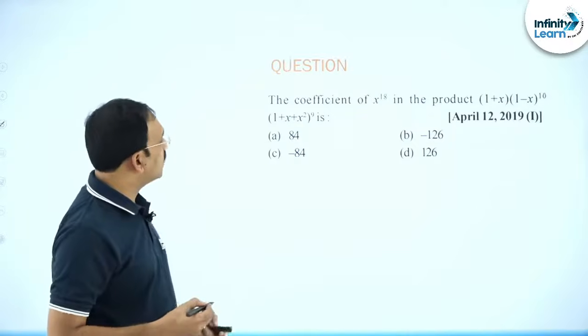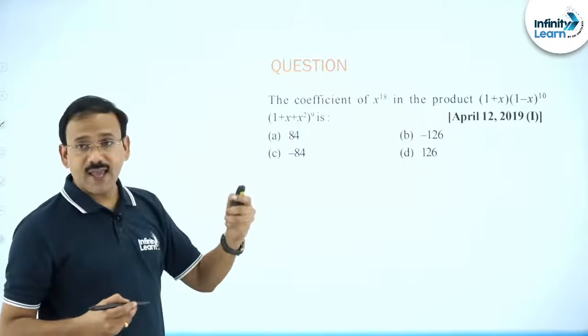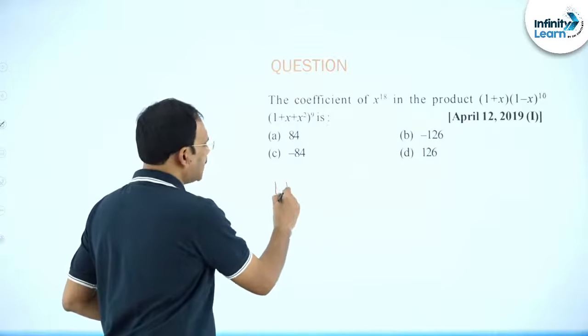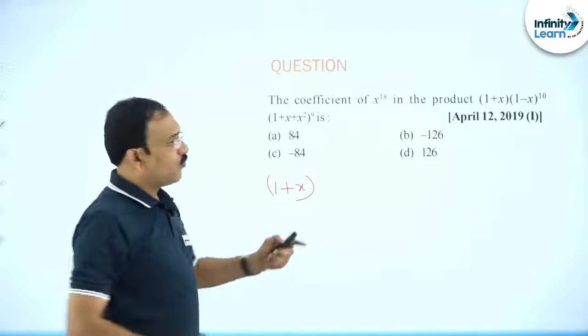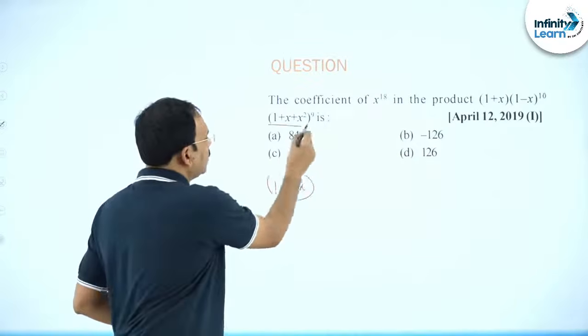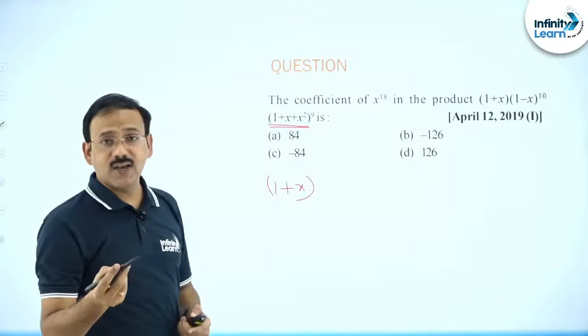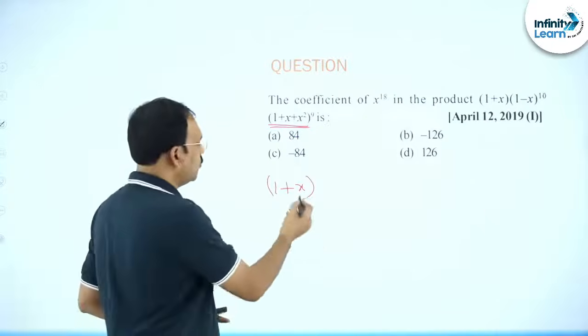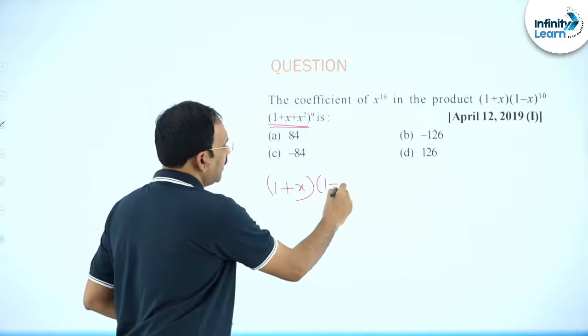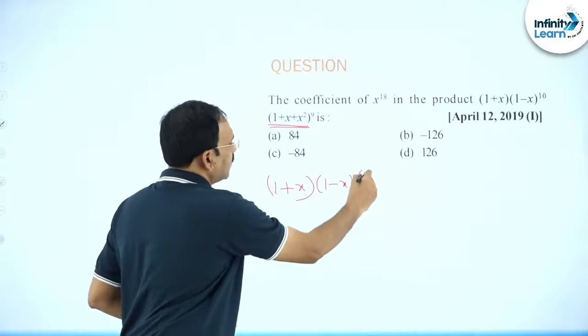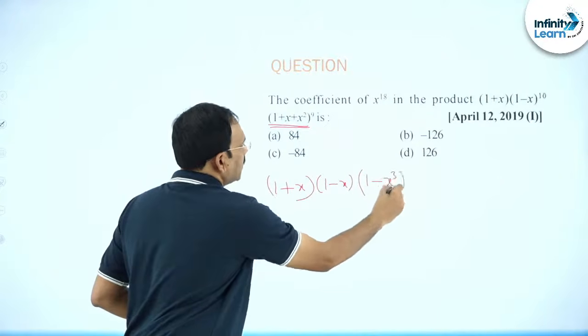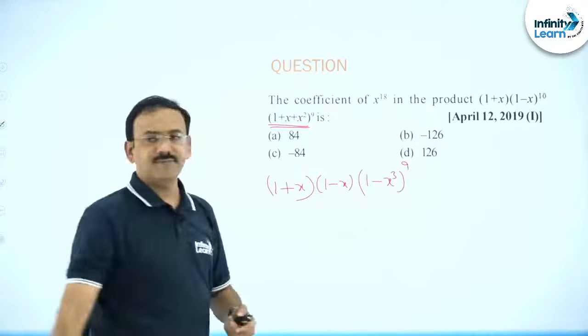You see, dear students, the coefficient of x power 18. Whenever you see 1 minus x into 1 plus x square plus x to the 4, you know that it is 1 minus x cube. You can take 1 minus x here, and the rest of the things you can write as 1 minus x cube whole power 9.